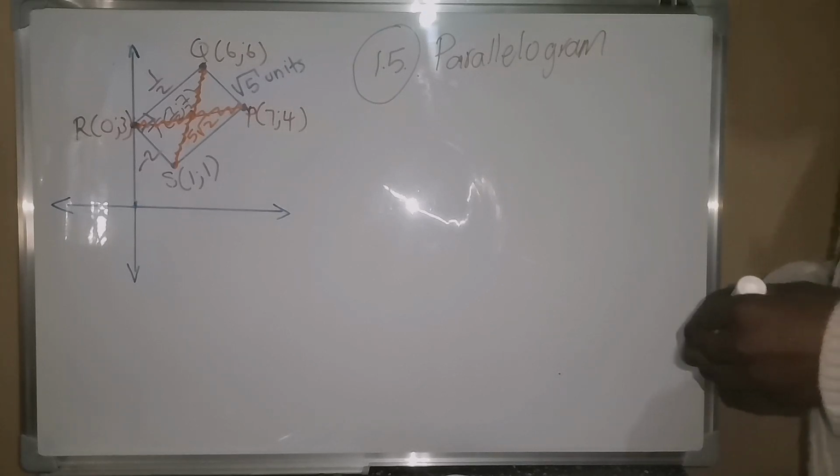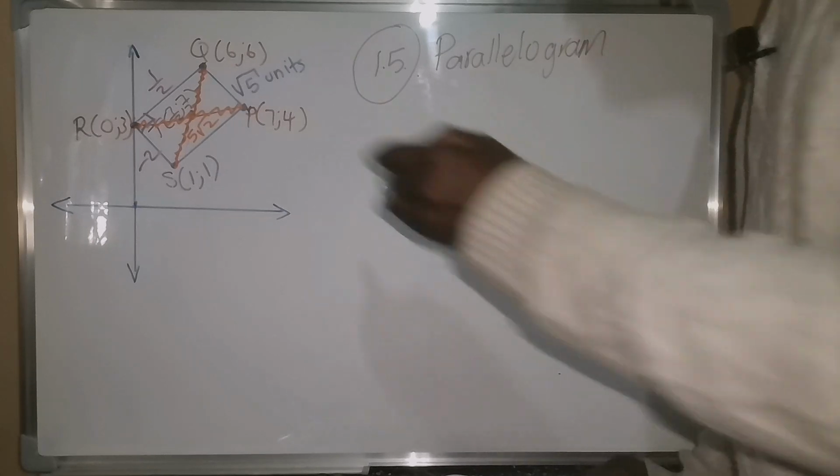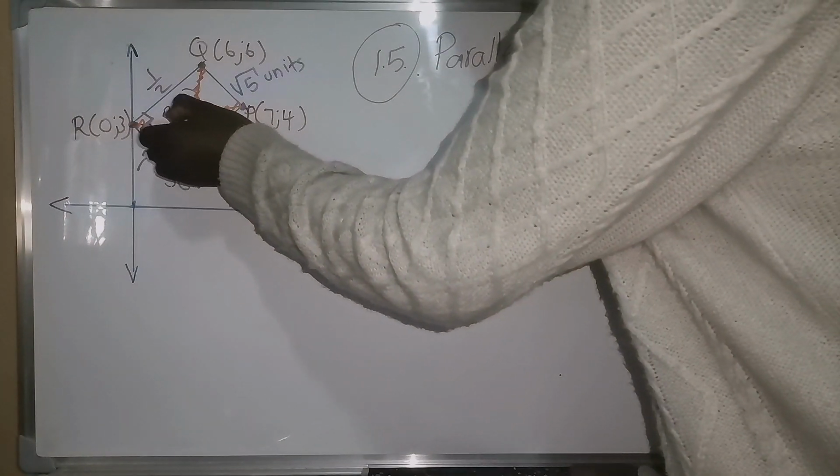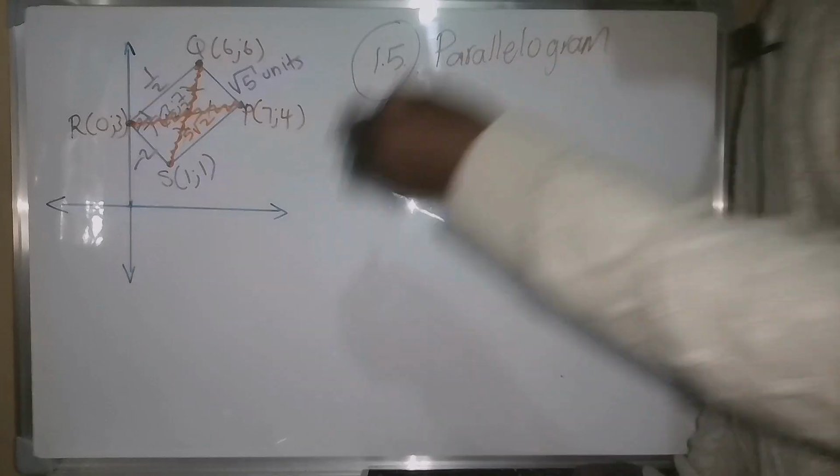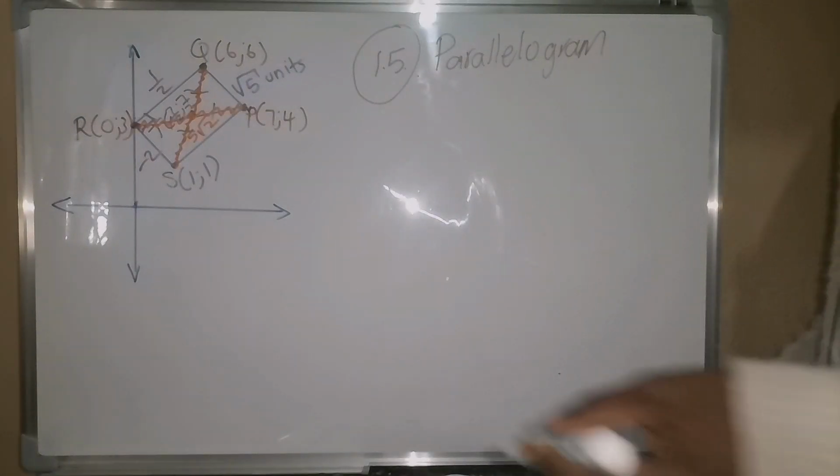But you all know that in a parallelogram, the diagonals bisect. And you know that the lines are perpendicular to one another.